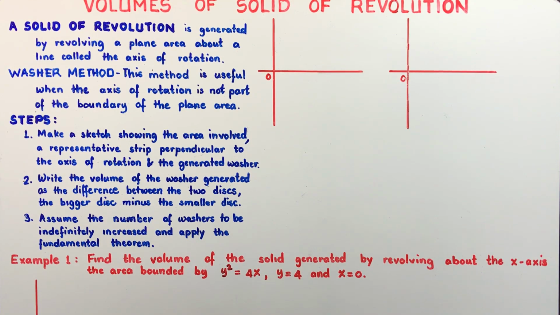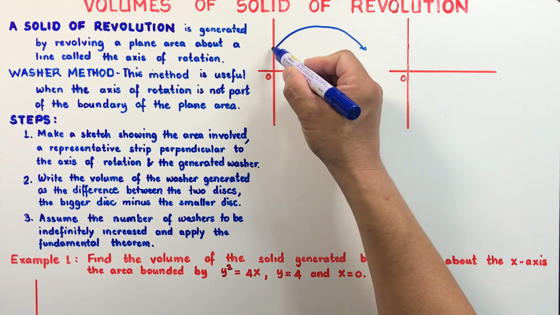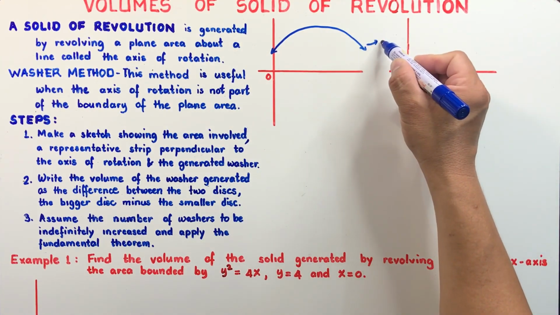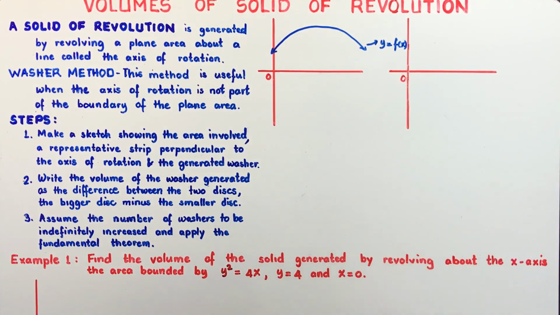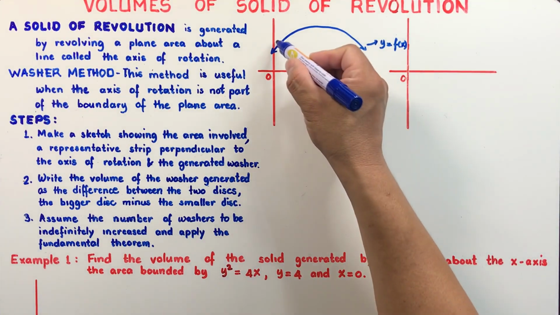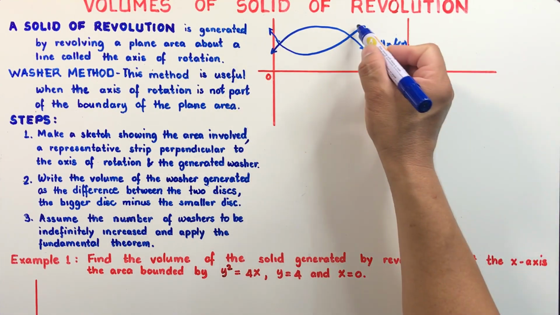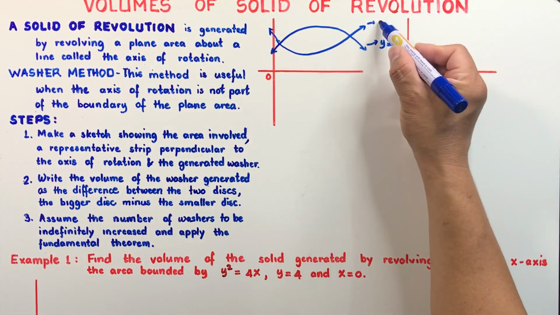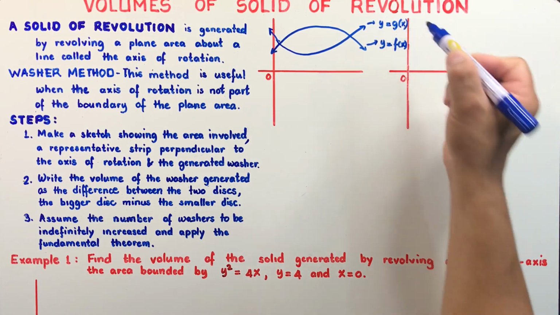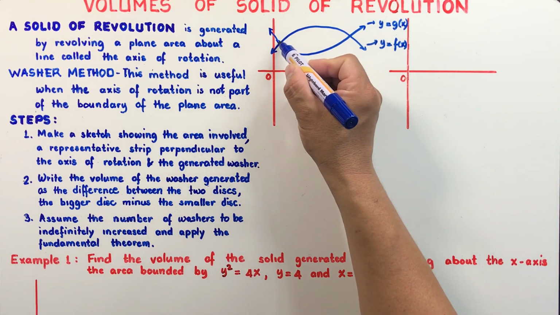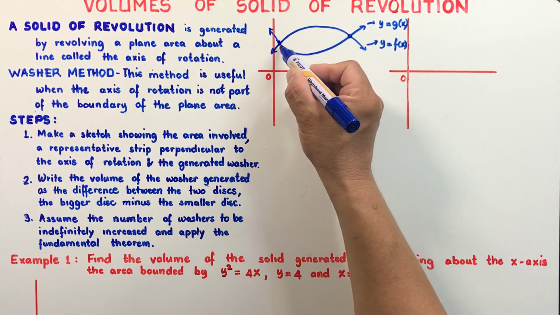So to illustrate this method, consider a curve defined by the function y equals f of x, and another curve defined by y equals g of x. Now, these two curves intersect at these 2 points.